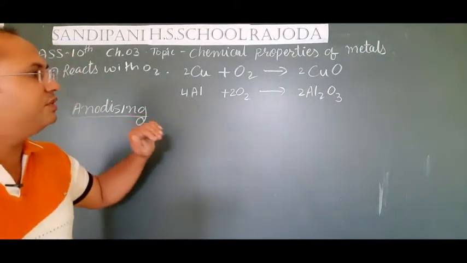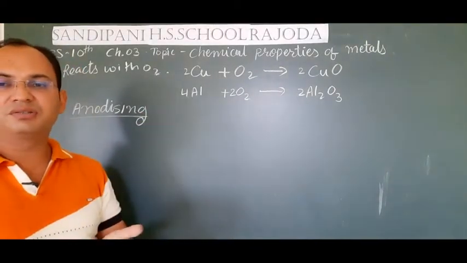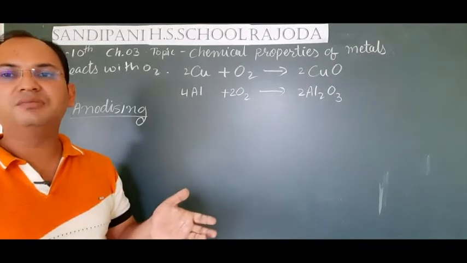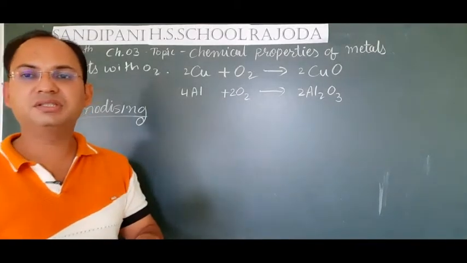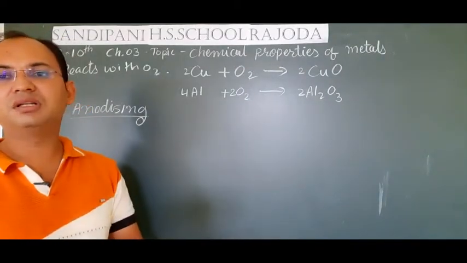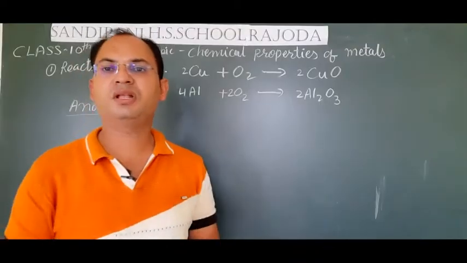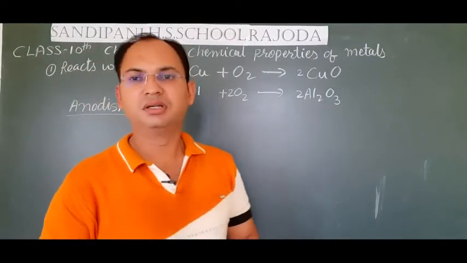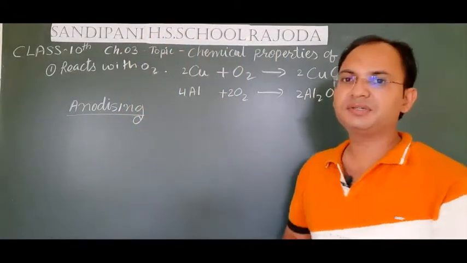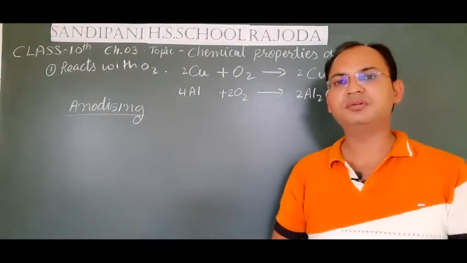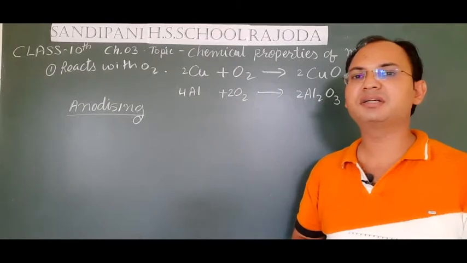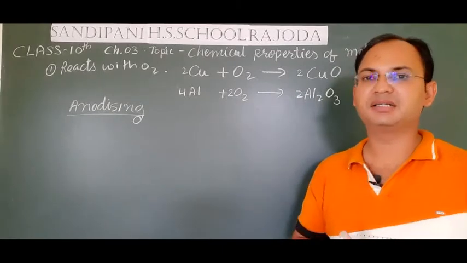Here when aluminium reacts with oxygen, it produces aluminium oxide, which is an unusable product at the surface of the aluminium. But students, the corrosion of the surface of the aluminium is somehow useful for us in order to make beautiful aluminium articles.